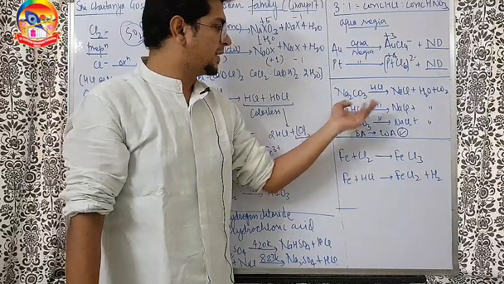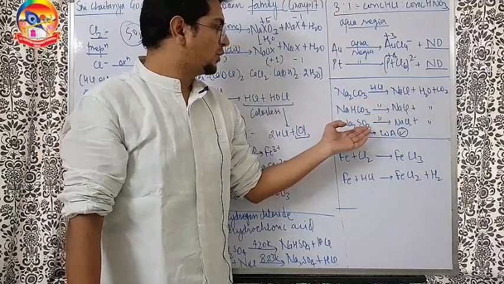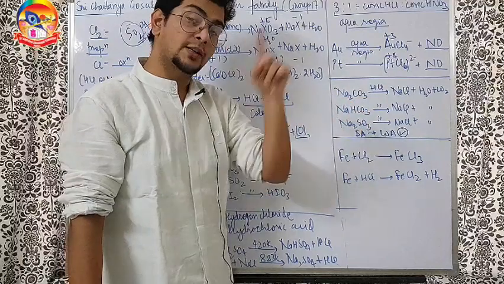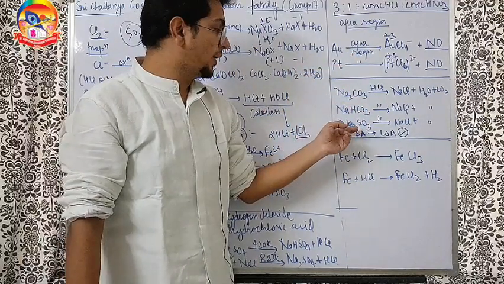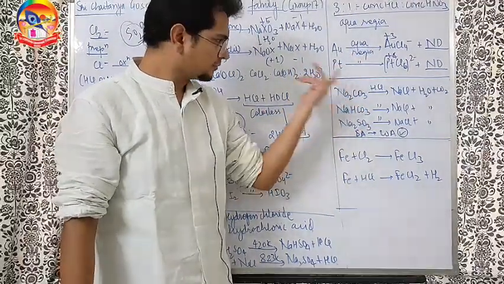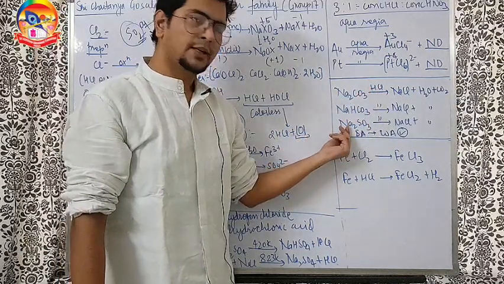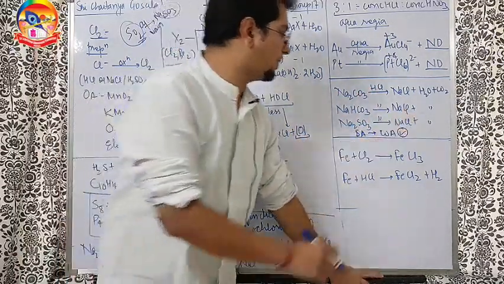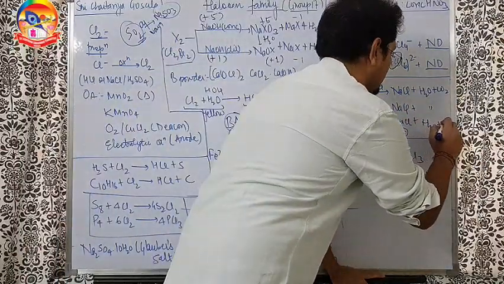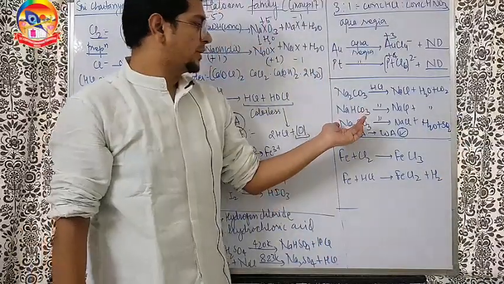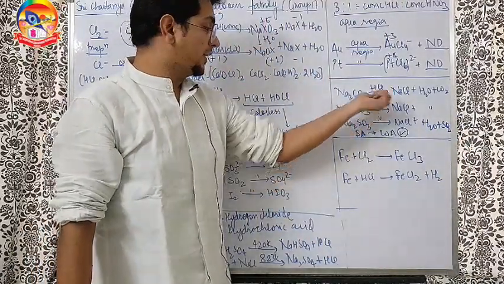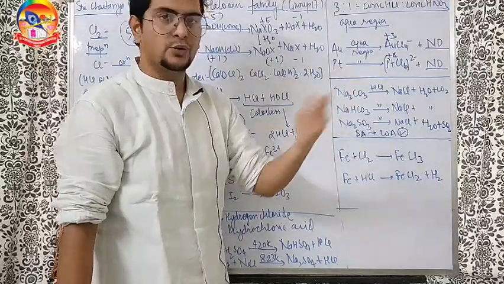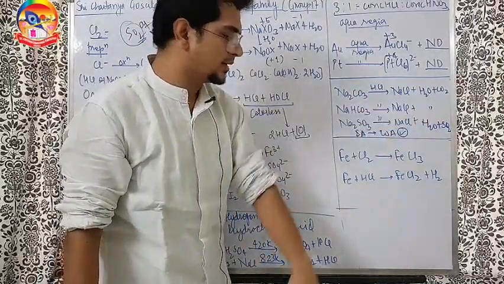NaHCO3 gets the H plus, becomes H2O plus CO2. Na2SO3, same to same. In the oxygen family also I told you that CO2 and SO2 behave in the same way. Here also H2SO3 will give H2O plus SO2. Okay, brother? So Na2SO3 takes the H plus, makes H2SO3. H2SO3 is unstable, forming H2O plus SO2.